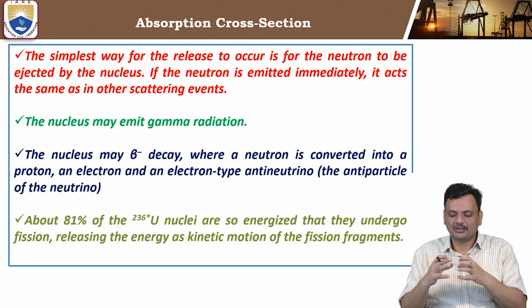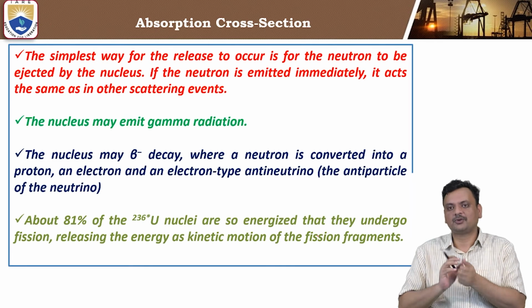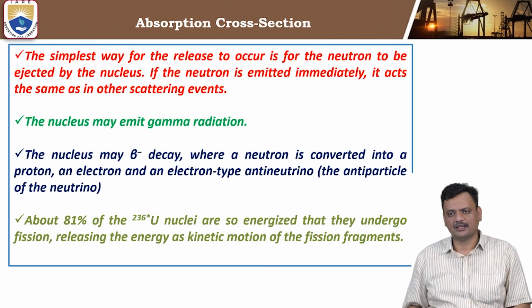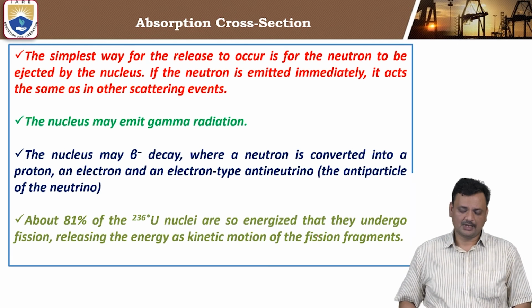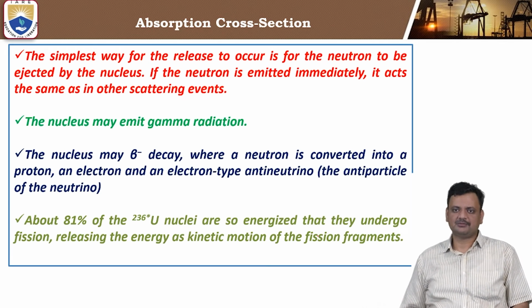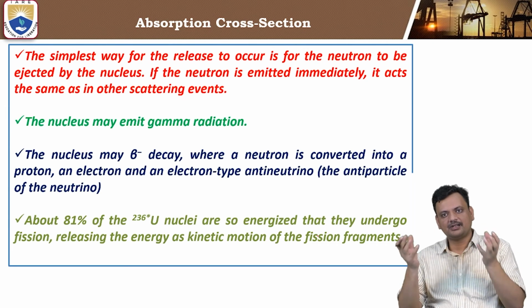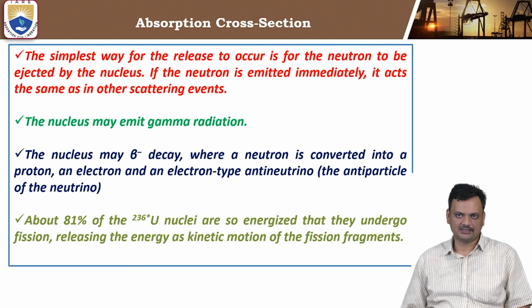Nucleus will collapse in a two part or whatever. I already told in the previous lecture what is fission. Fission means one big nucleus will be separated into two smaller nuclei.